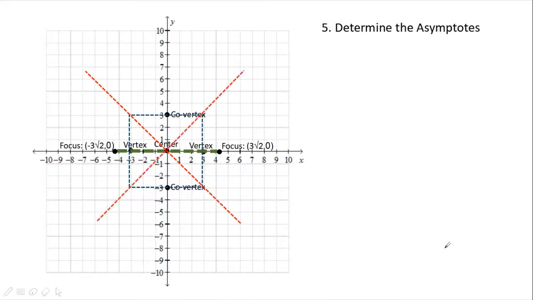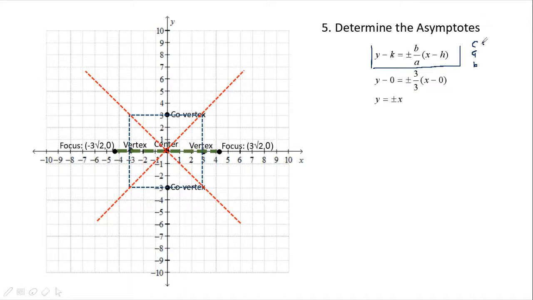Now, let's proceed to the asymptotes. Since our transverse axis is horizontal, we will use this formula in getting the asymptotes, which uses the given center, the given value of a, and the given value of b.